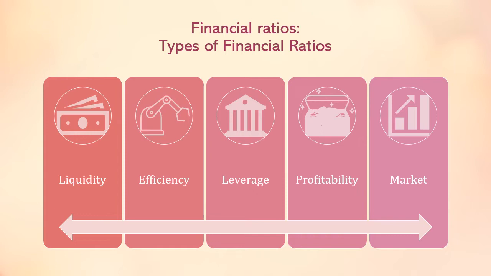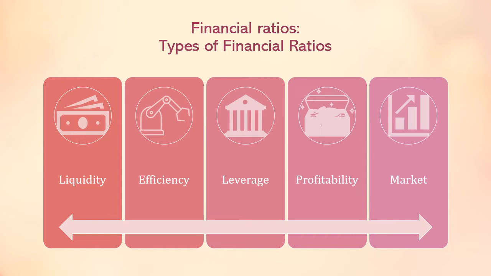Efficiency refers to how the company manages its assets so that it can produce more sales or generate more profit. Leverage refers to how the company finances its operations, either by debt financing or equity financing.